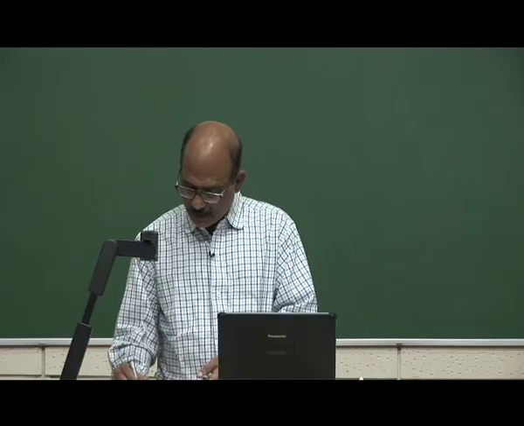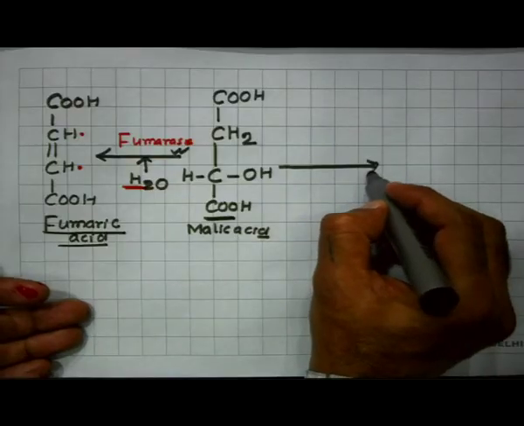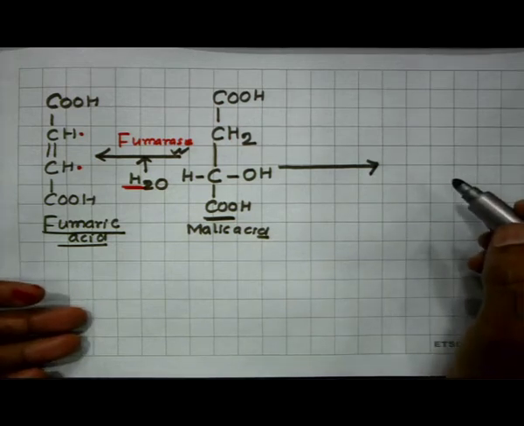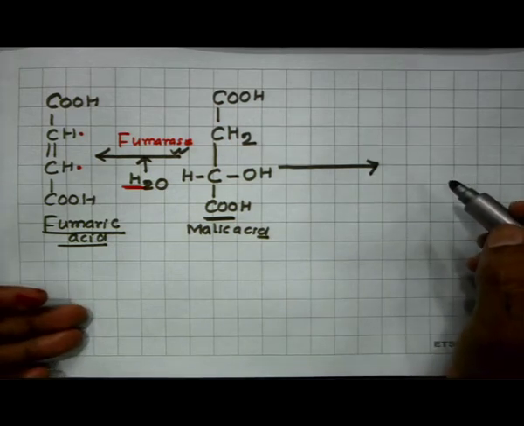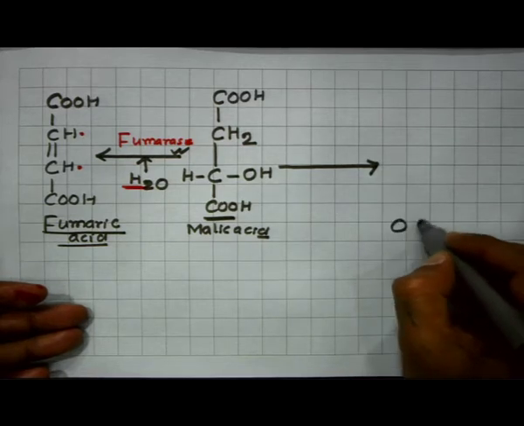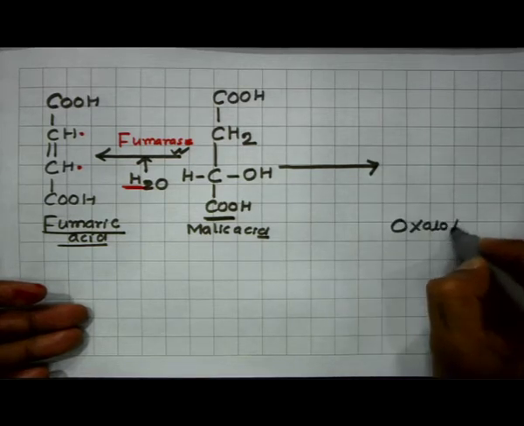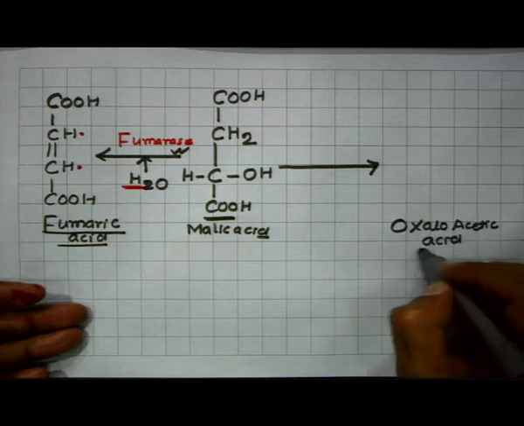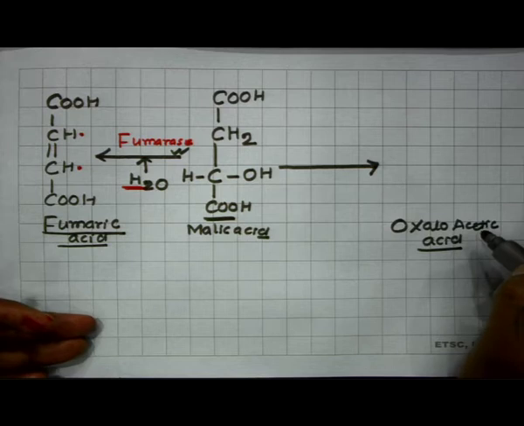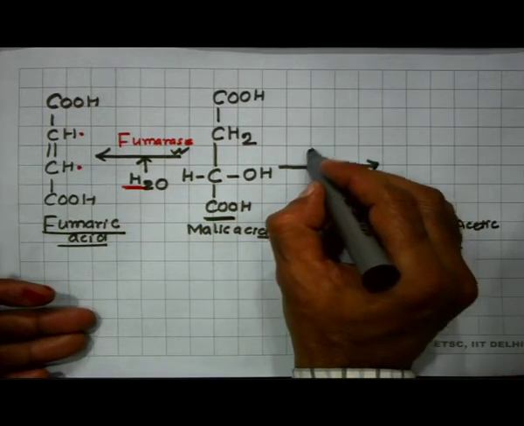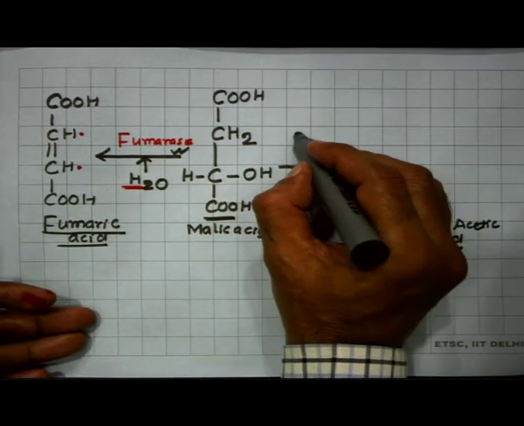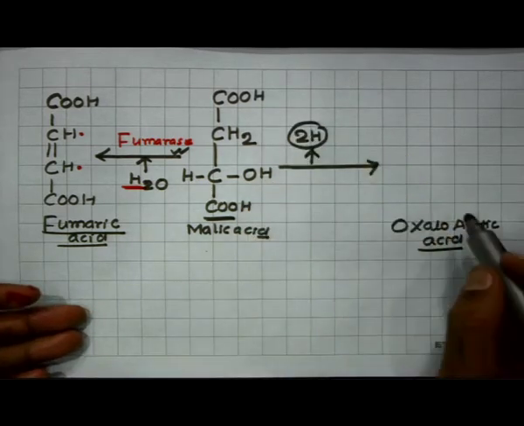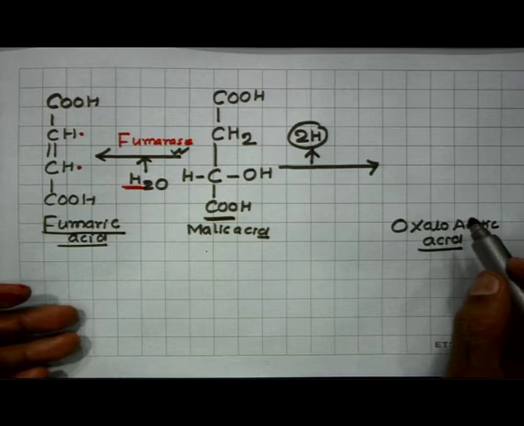Now, the last step of the Krebs cycle: from the malic acid, the acceptor of acetyl coenzyme, that is oxaloacetic acid, is formed. In this process, there is the removal of hydrogen from the malic acid to form oxaloacetic acid.